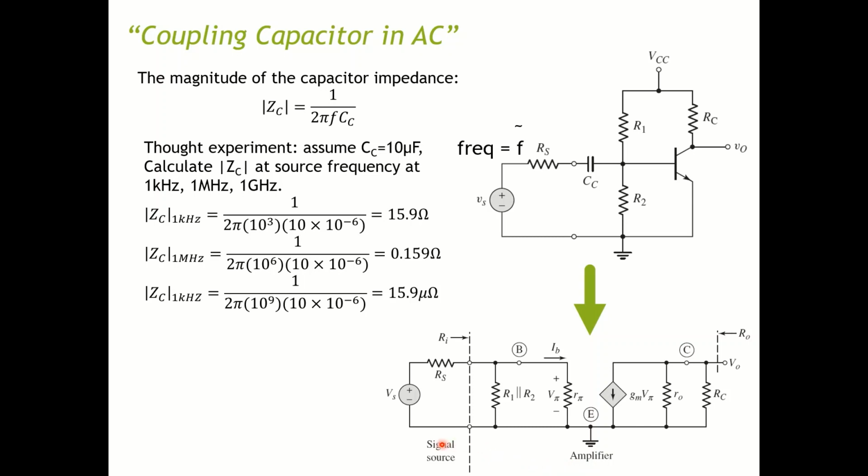How can we define input and output resistance? Basically, as I discussed before, if you treat this as a two-port network, input resistance is the resistance that you see at the input port.